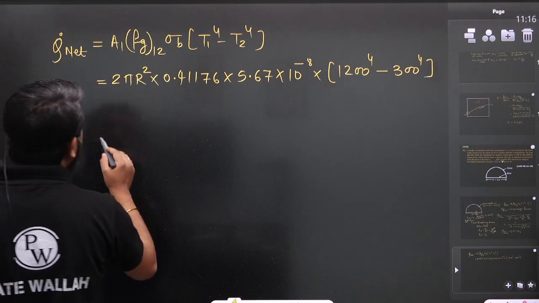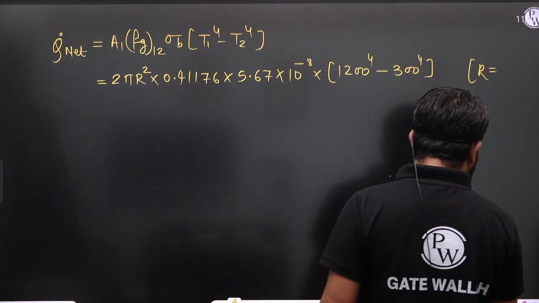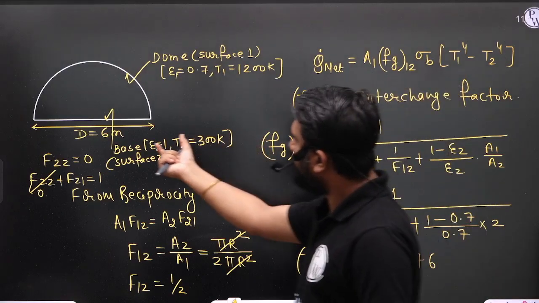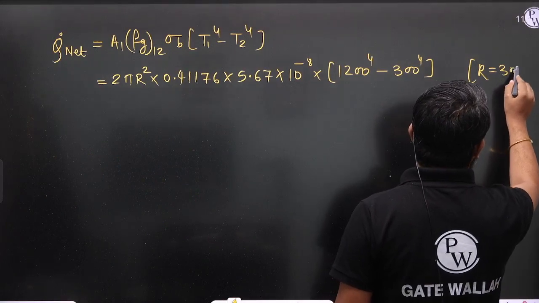Now R: the base diameter is 6 meter, so R is equal to 3 meter.